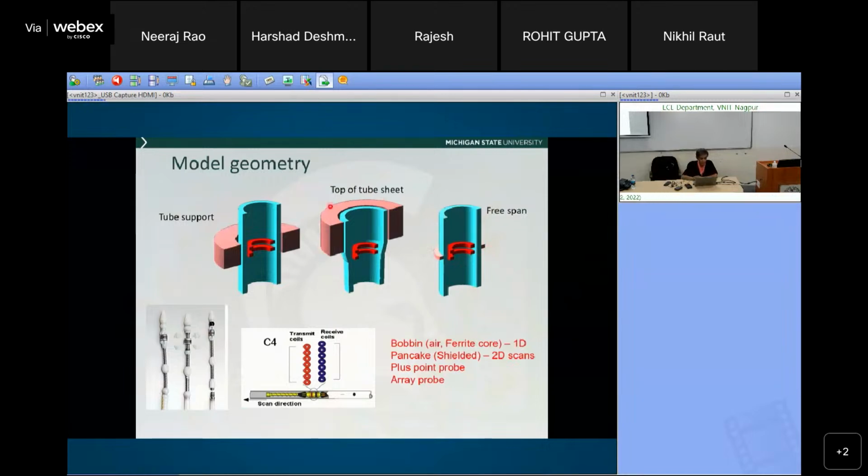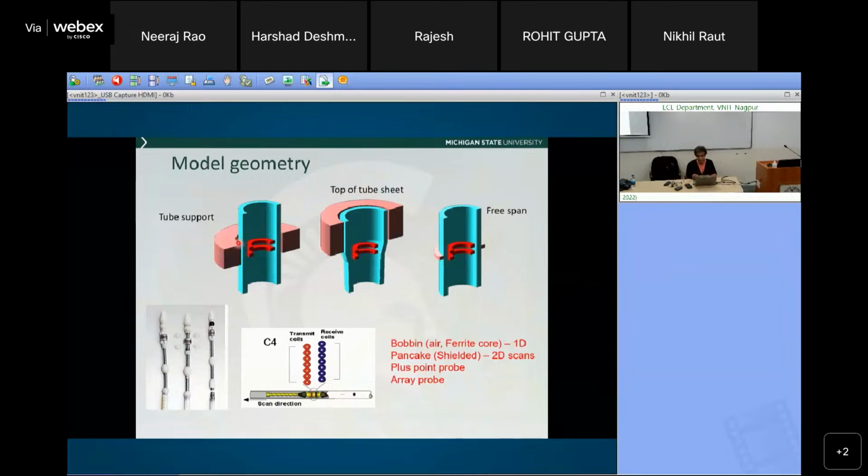This is called the top of tube sheet, because at the base of the steam generator unit there is a kind of transition in the diameters. So this is outside, and then it enters inside the steam generator unit. And this is the support region. If the user wants to see how a defect at the center of the support, the edge of the support, or a deposit in the crevice gap responds, they can do all that by selecting.